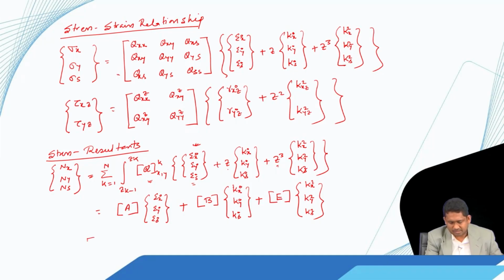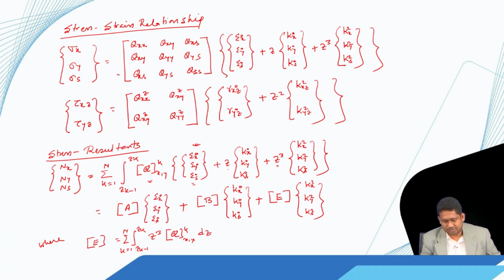So, here we define E as summation k equal to 1 to n, integral from z k minus 1 to z k of z cube into Q dz.